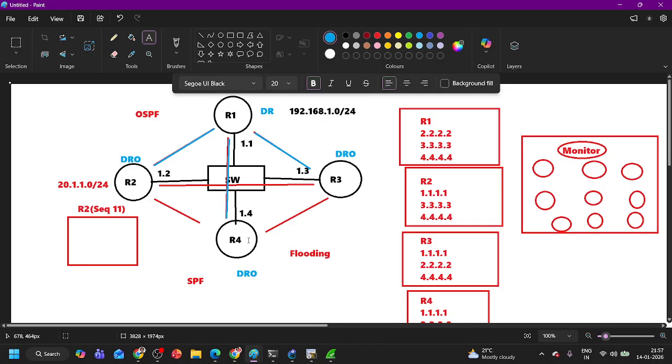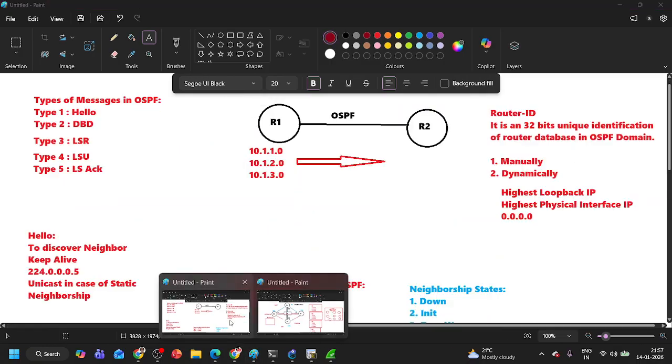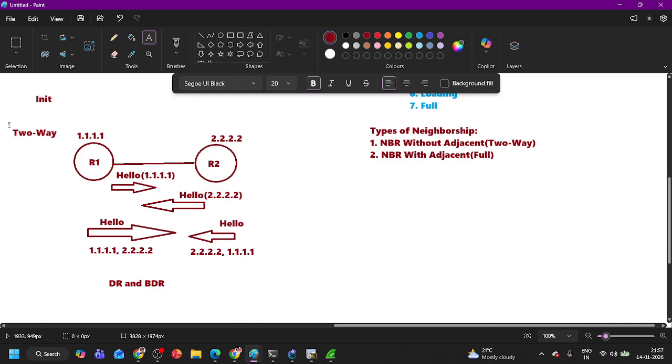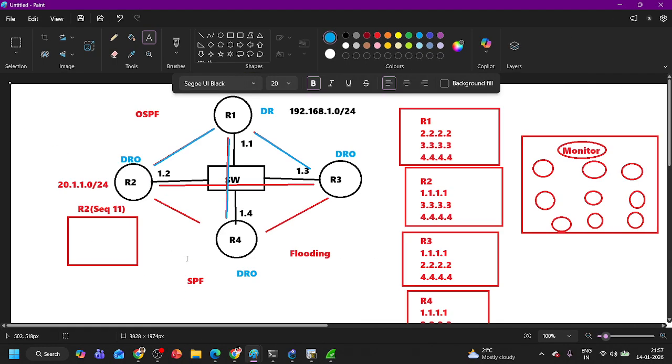So DR others can never exchange databases because their state is two-way. Here we have seen the neighborship states. Until two-way, routers are only exchanging hello messages, right? So routers have not exchanged any prefix information or update messages. In two-way state, the router will only exchange hello messages.